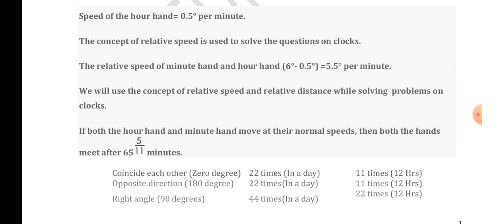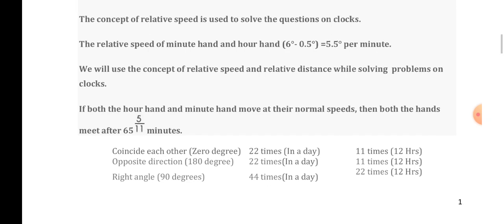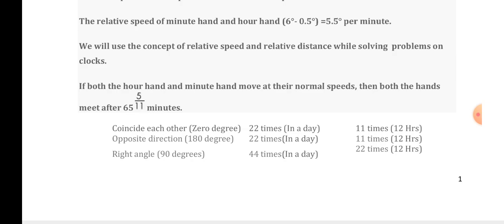One more thing we have to keep in mind: if both the hour hand and minute hand move at their normal speed, then both hands meet after 65 and 5 by 11 minutes. That means the minute hand moves at its own speed, and in the same time the hour hand also moves at its own speed.